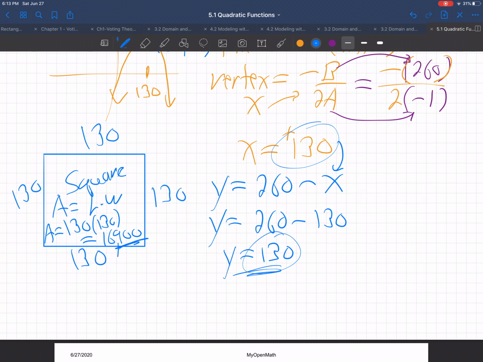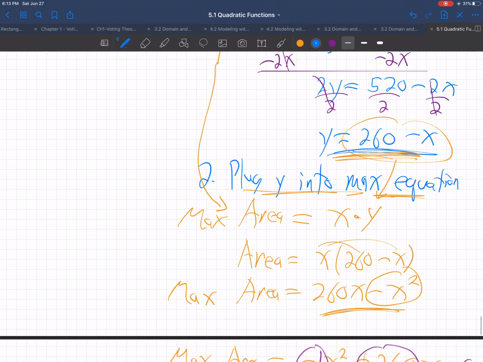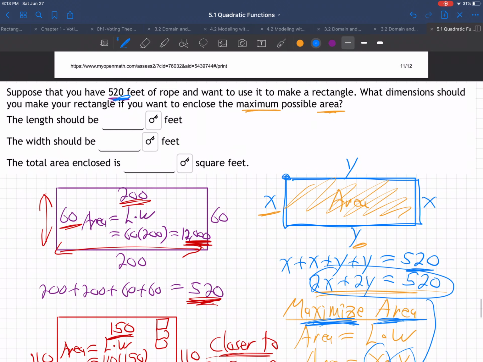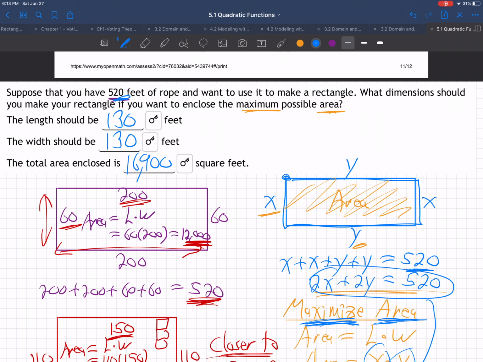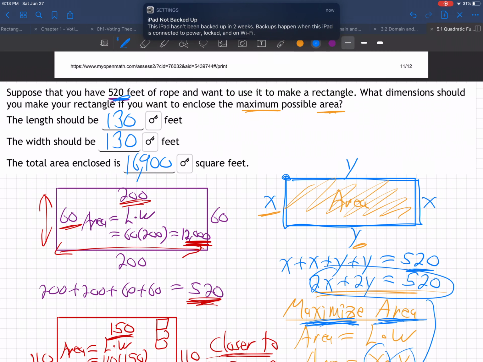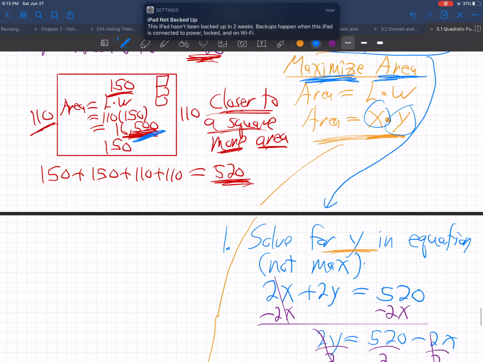It's actually a square. The length and the width have to be the same if you want to make the area inside as big as possible. That's interesting. And so the length should be 130, the width should be 130, and the area is 16,900 square feet. So that's an interesting problem.